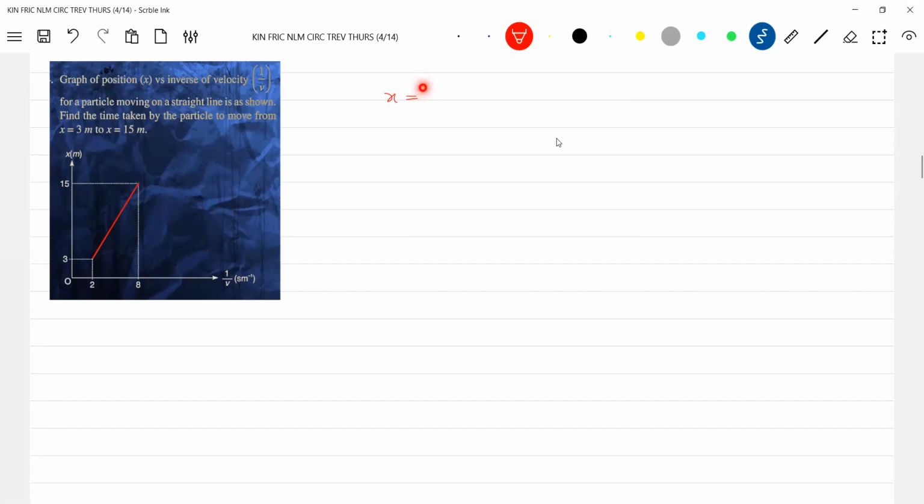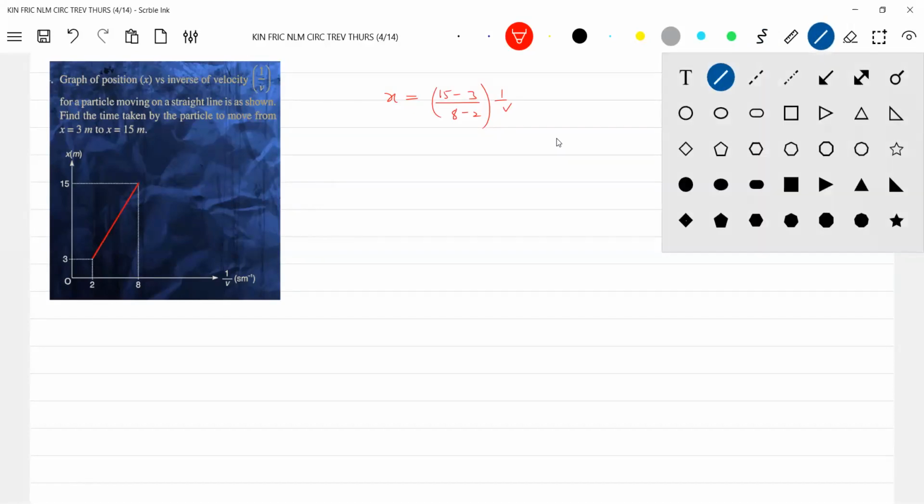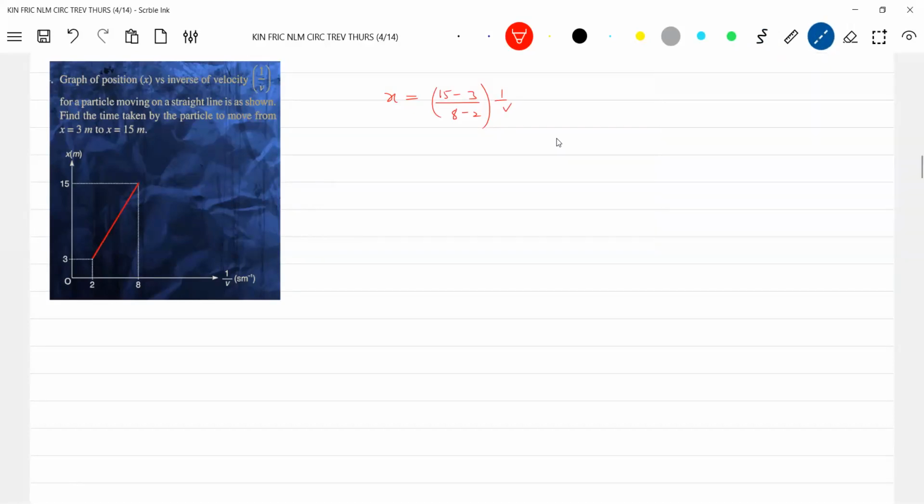What is the slope? Slope will be positive, no? So 15 minus 3 by 8 minus 2, times 1 by v, plus intercept. What is the intercept? Intercept I think should come negative. Yeah, it will be negative.